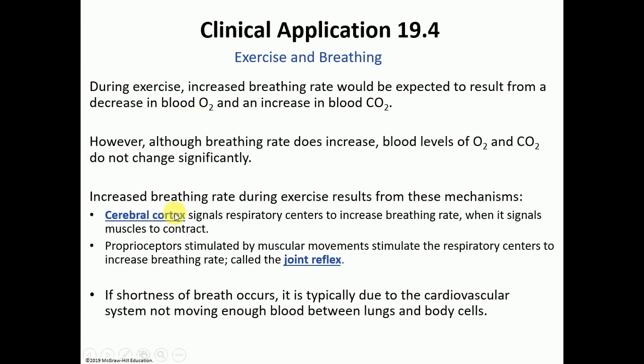There's the cerebral cortex. Just knowing that you're going to exercise is going to stimulate the respiratory centers to increase breathing rates, as it is sending signals to the skeletal muscles to contract. It'll send signals to your skeletal muscles to start exercise, and at the same time, send impulses to the diaphragm to start contracting faster.